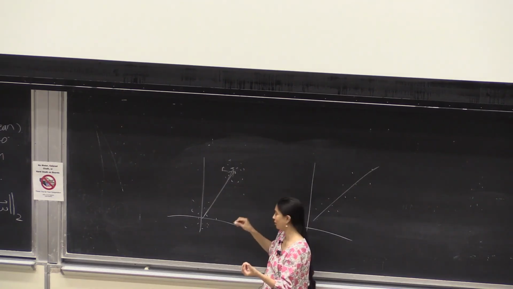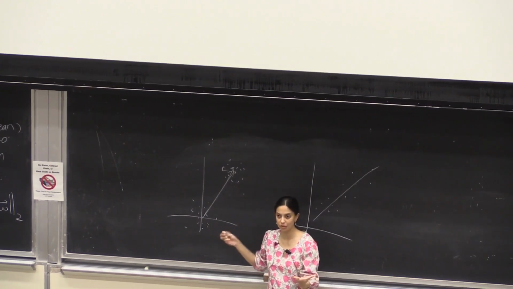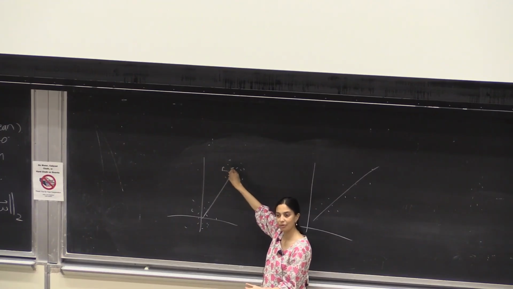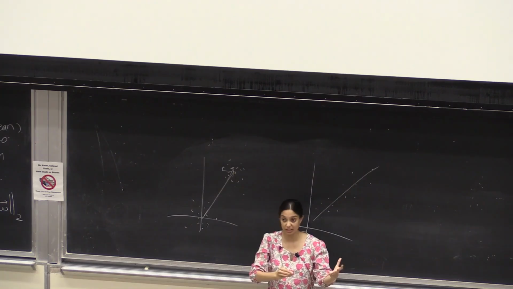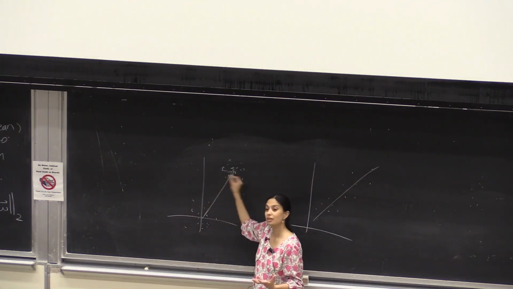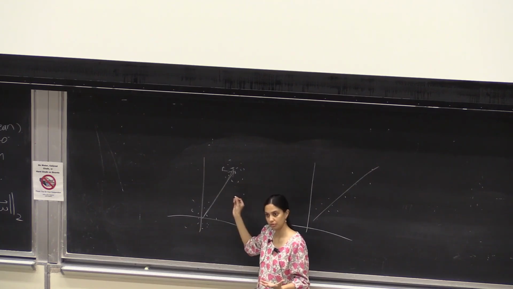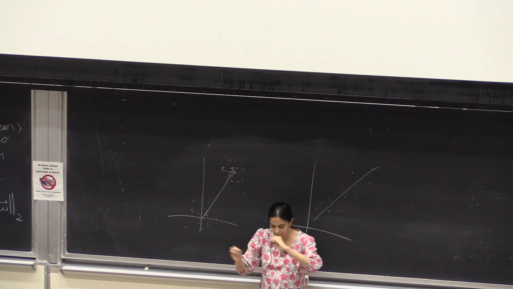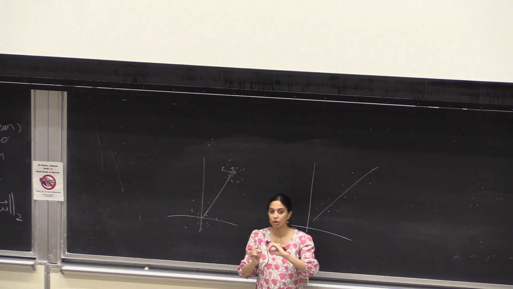Relative to the origin, where's your data? It's kind of around here. Whereas if I demean the data, removing this mean, and then I look at things over here, this vector isn't going to show up. I'm going to get more the relative variance of the data points with respect to each other.